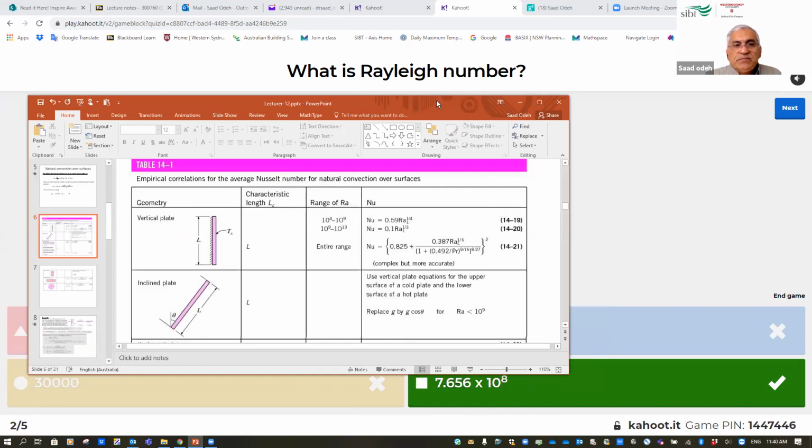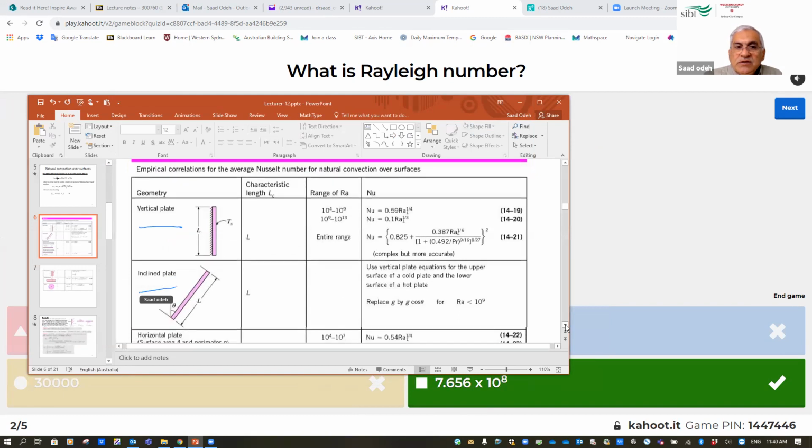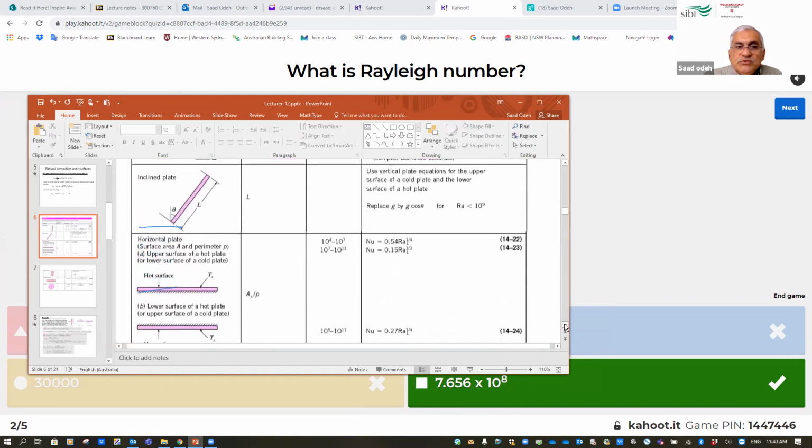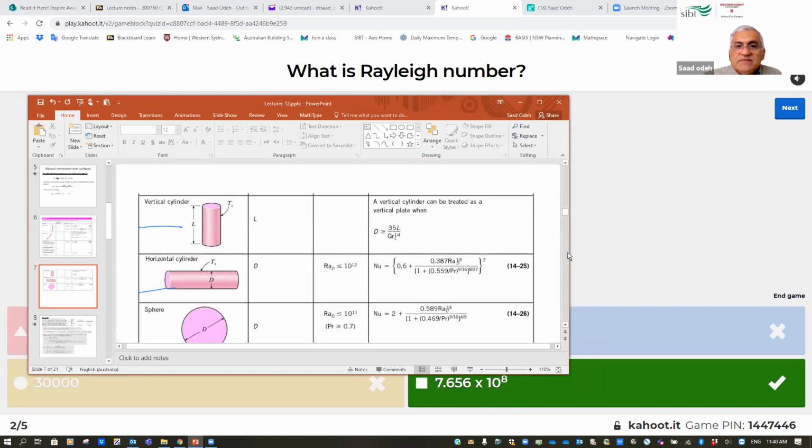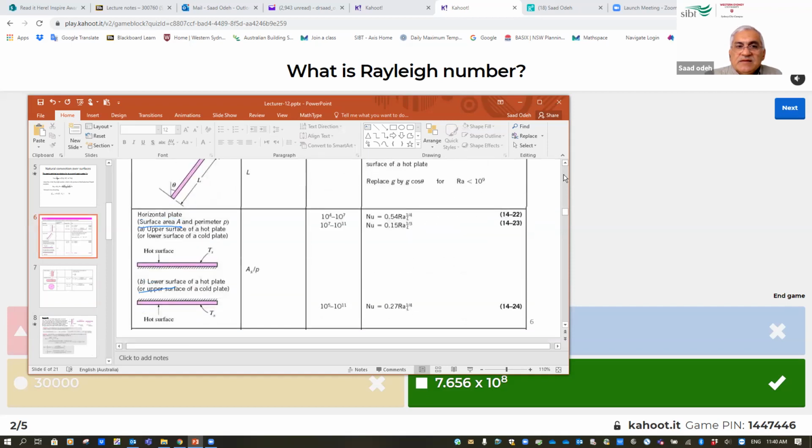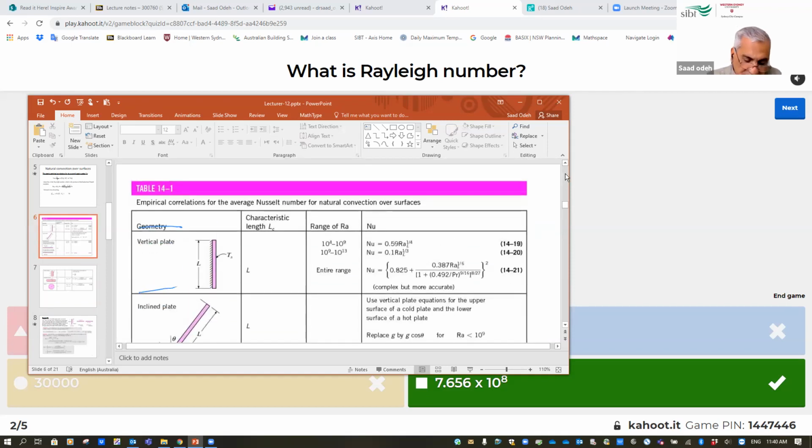Is your plate vertical or horizontal? Which one are we going to use from these? Are we going to use the vertical plate, inclined plate, or horizontal plate? Which one of these are we going to use, based on the question that we have? Vertical. Yeah, vertical. So the first one.